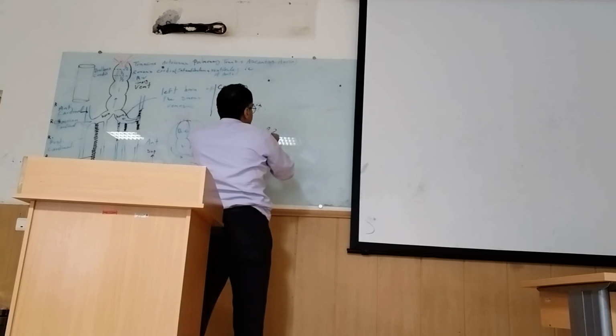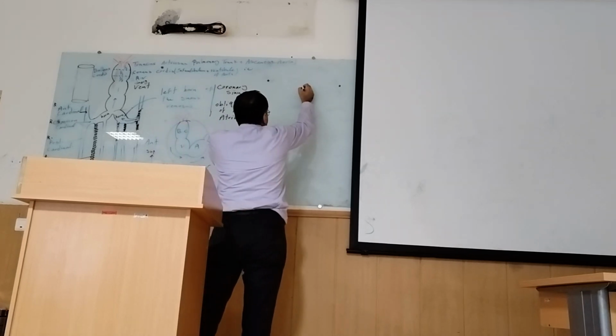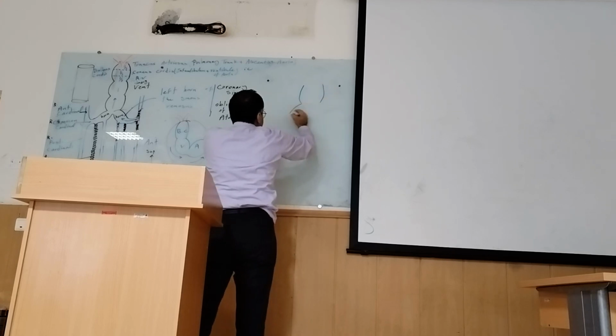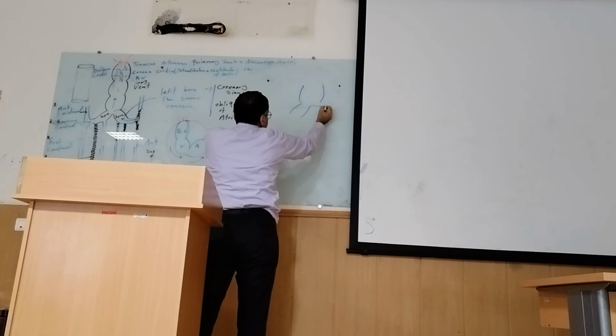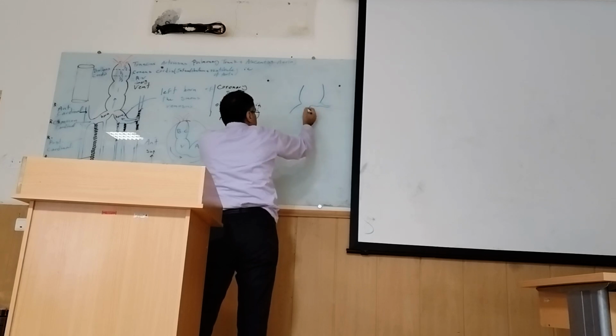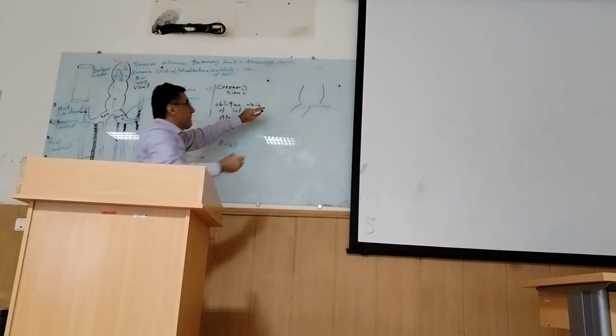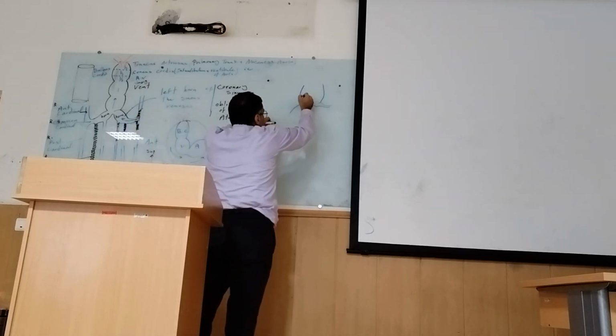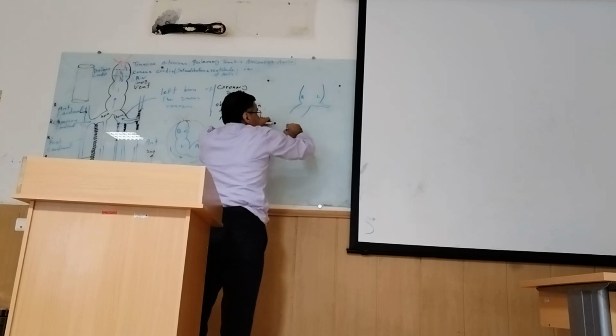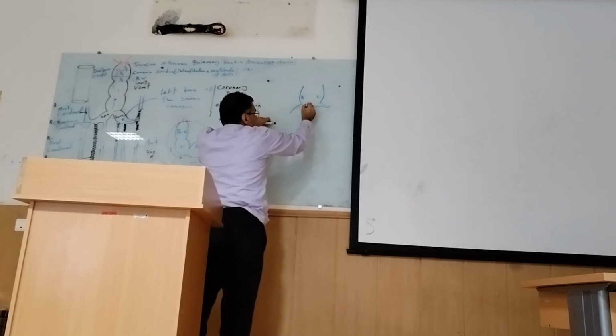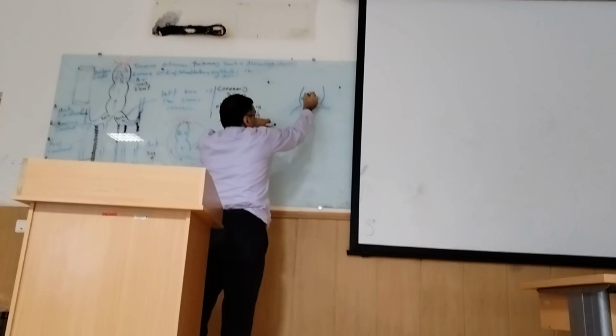Look at my picture again. I drew it simplified: this is the right horn, and the left horn is obliterated, as I told you. This is the right side and left side, this is the sinus venous, and this is the atrium.